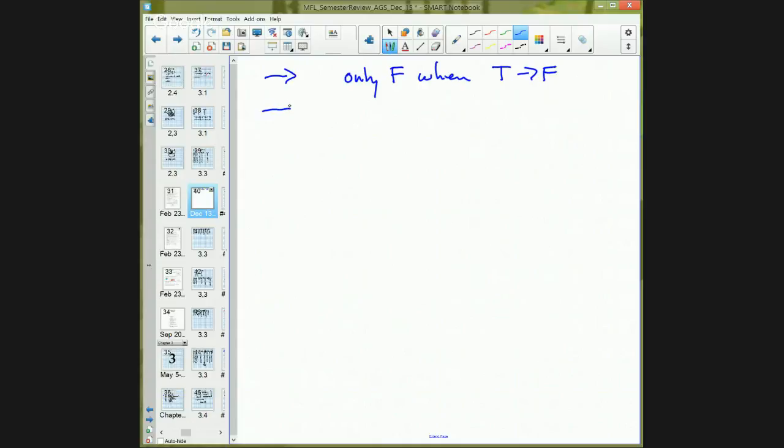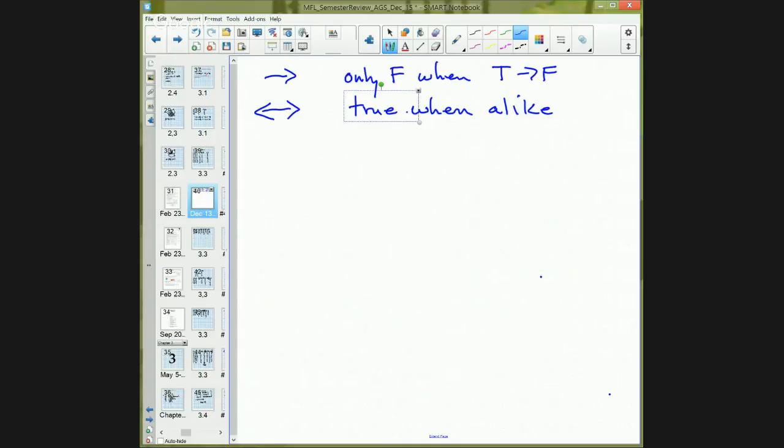And now this is the one I was asking about, Rhonda. That's the biconditional, and that's true when alike. If you don't get what I mean by that, let me know. When you have a TT, that's a true. When you have a FF, that's a true. That's what I mean by alike.